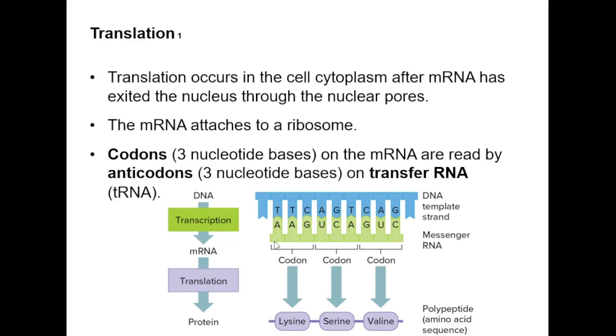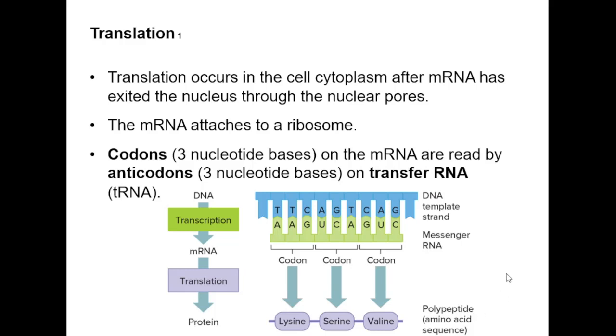So if the codon is AAG, the complement will be UUC, right? Because adenine pairs up with uracil, guanine with cytosine. So it will look for a tRNA that has the UUC anticodon. And together with the tRNA is already an amino acid. Okay? So it will add these amino acids until you produce a polypeptide.